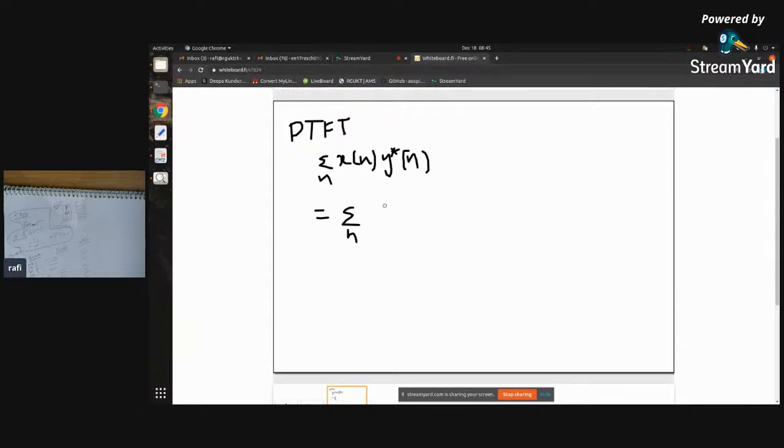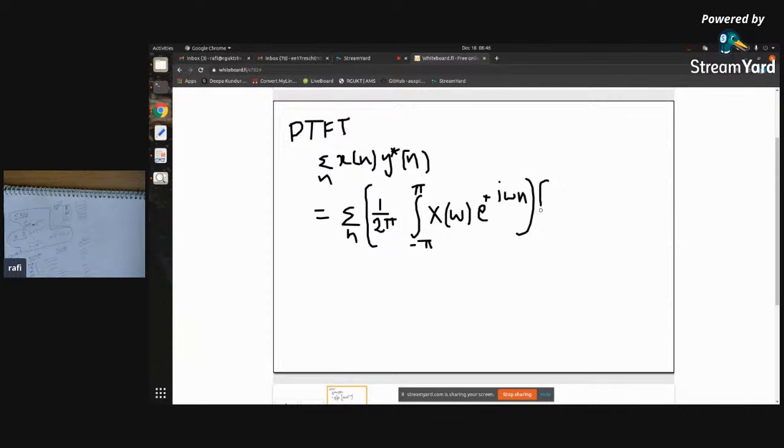For x, we substitute the inverse DTFT: 1 by 2 pi integral of x of omega e power plus j omega n d omega, over minus pi to pi. And this is one term.